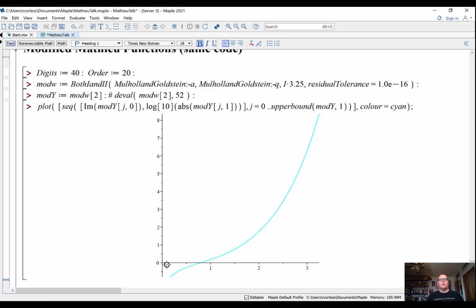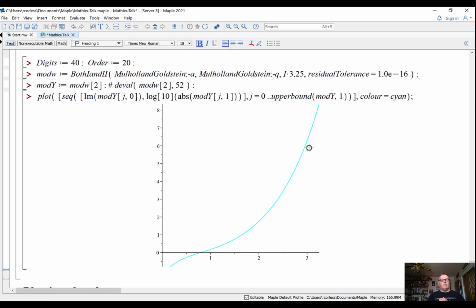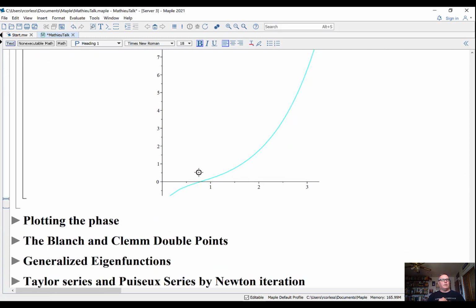The magnitude of the solution on a log scale goes up to 10 to the 8th. So z has only just gone up the imaginary axis a little ways, and the value of the solution of the modified Mathieu equation has gone up to 10 to the 8th. Oh, what about the phase?